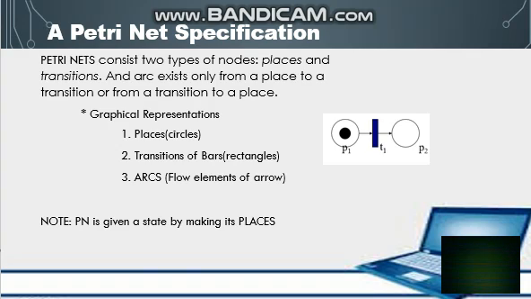This symbol, the colored dot, is indicated as the token. Next, this is the example of the Petri nets.